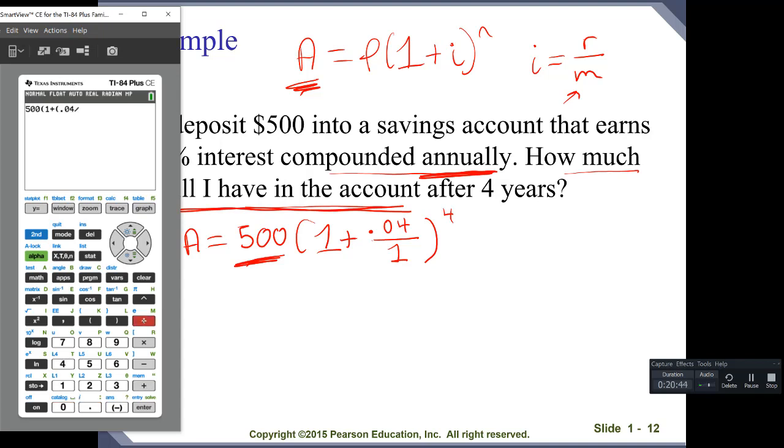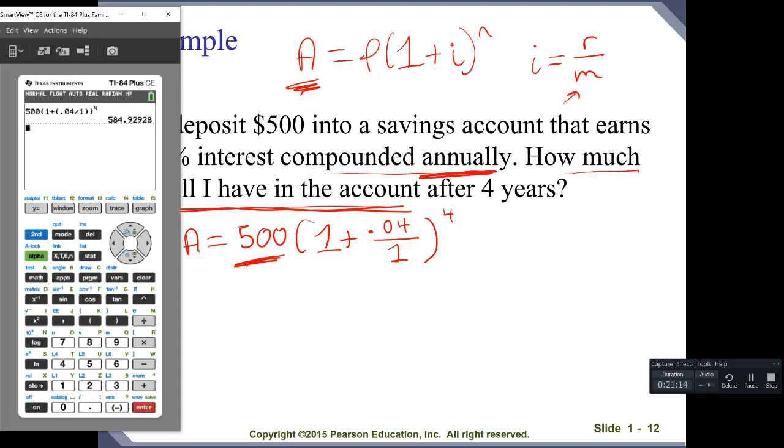And as I've said before, I like to enter fractions in parentheses. You don't always have to do that in the TI, but here it's going to be super helpful to do it this way, I think. And I think it just is in general. And then I'm going to raise that. I'm going to hit the exponent button. I'm going to raise it to the 4th power. So 500 times 1 plus 0.04 divided by 1 to the 4th power. And then I'm going to hit enter.